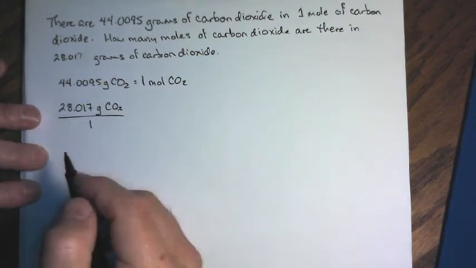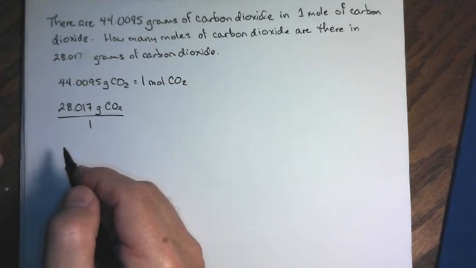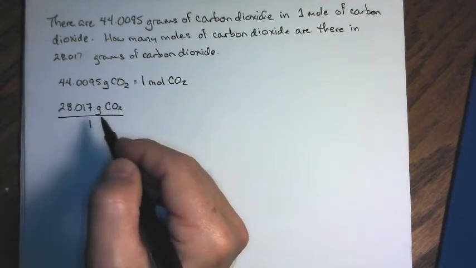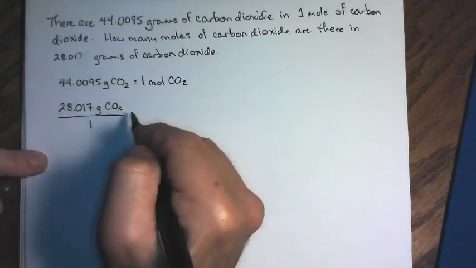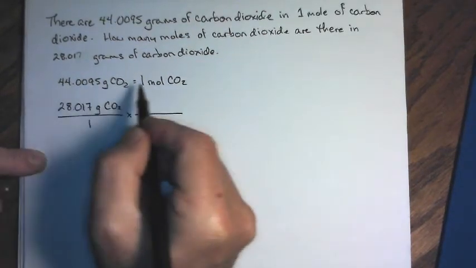Okay? That 1 doesn't have any mathematical value. It has some organizational value. All right? Because if I divide by 1, it's just the same thing, right? Is it not? Okay. And then we're going to build this conversion unit from this equality statement.